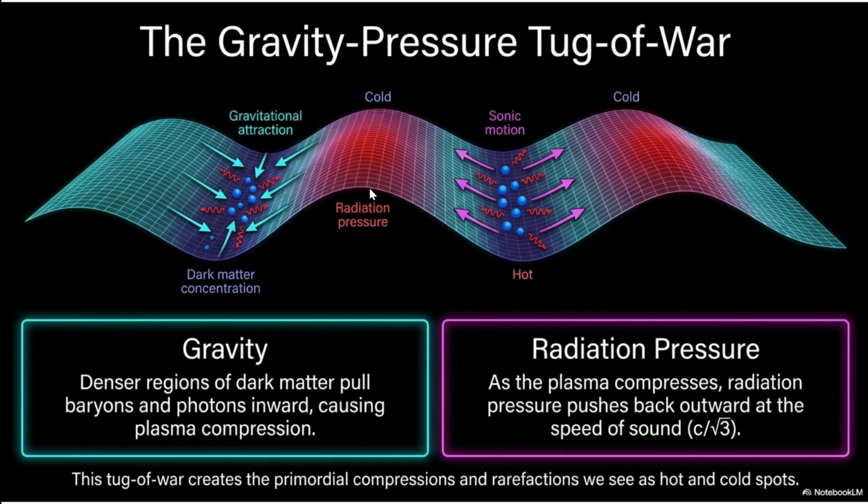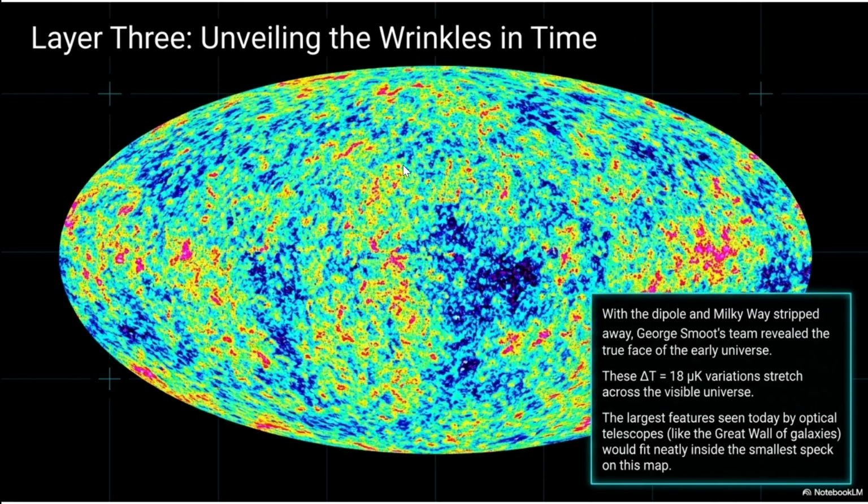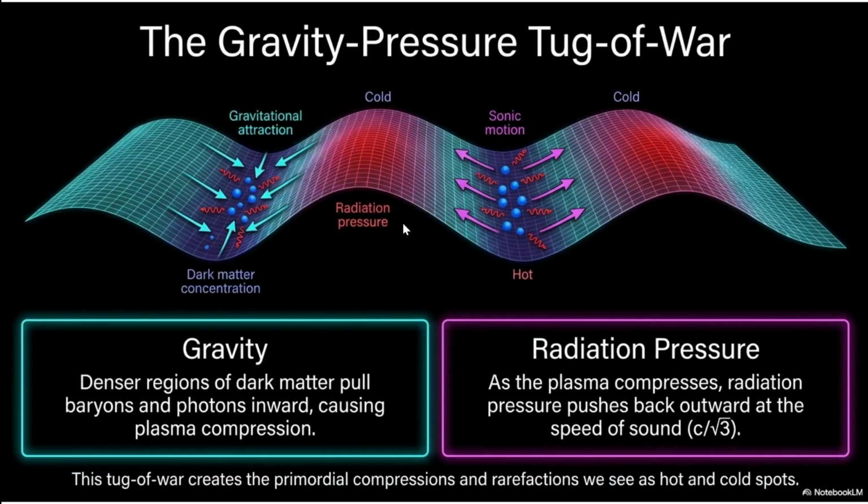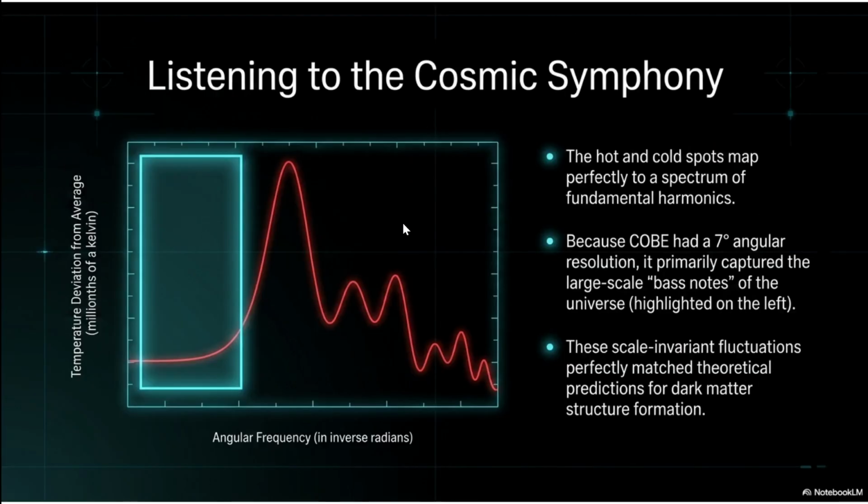And what happens ultimately is that, just like for Cepheid stars, there's a kind of overcorrection. There are some waves that are propagating because there's slight over attraction and slight over expansion. And so these series of temperature variations in the CMB, hot spots, cold spots, hot spots, cold spots, are really alternating due to this so-called tug of war.